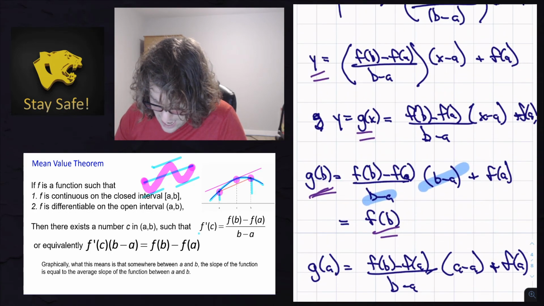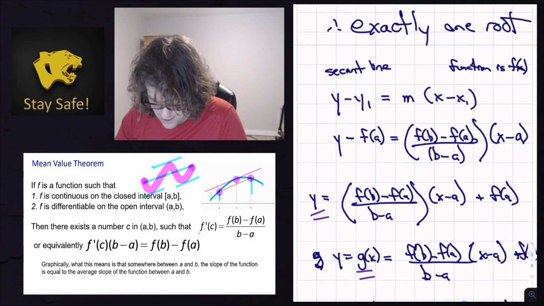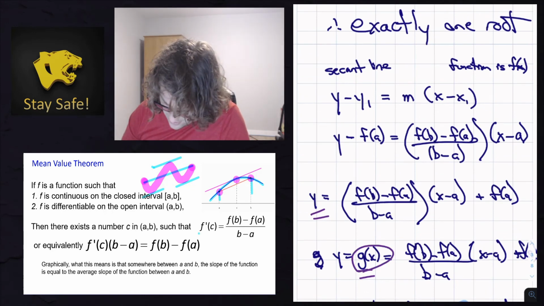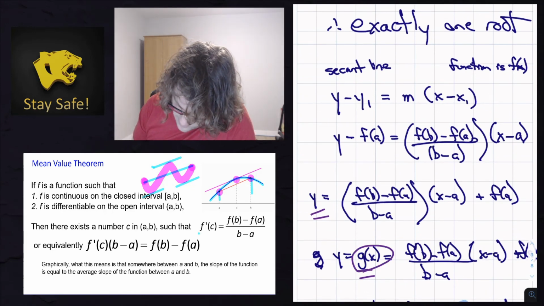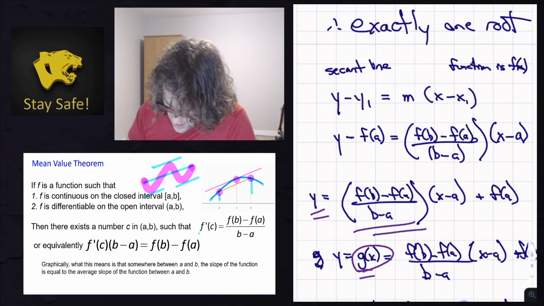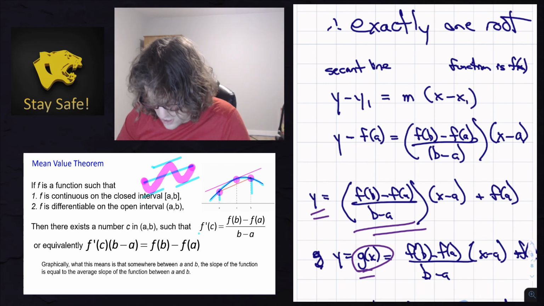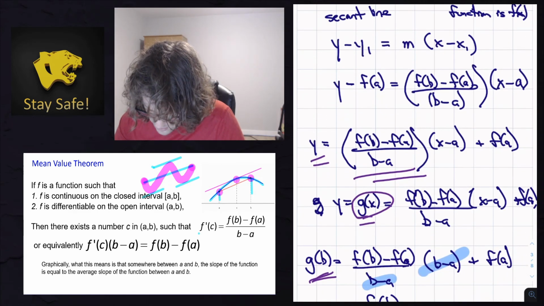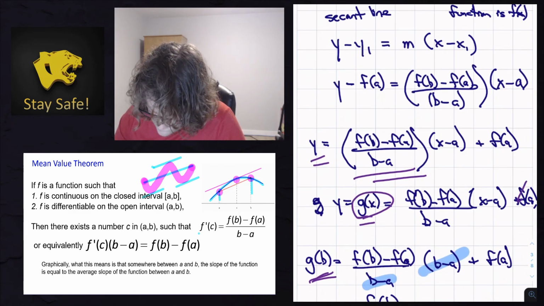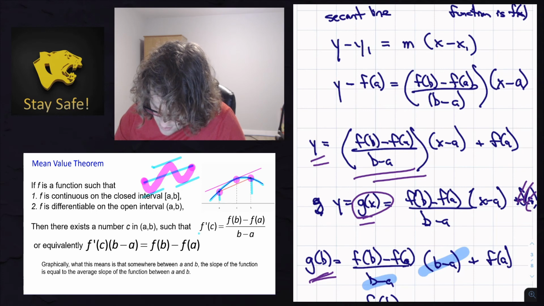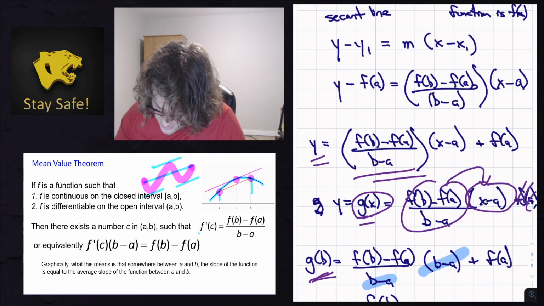G is actually our secant line. So our secant line has a slope value of this. We could take the derivative if we wanted to. This part would go away, and in this expression here, we'd multiply this by the x and this by the a.